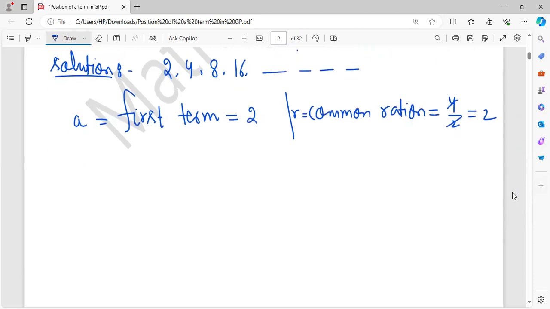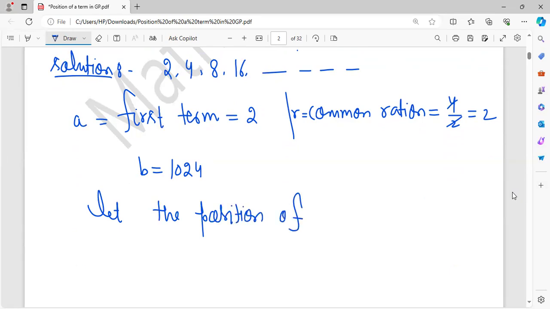Now, what is my B here? Let the position of 1024 be N. Then the nth term is B, because I have taken the position of B. B is 1024.